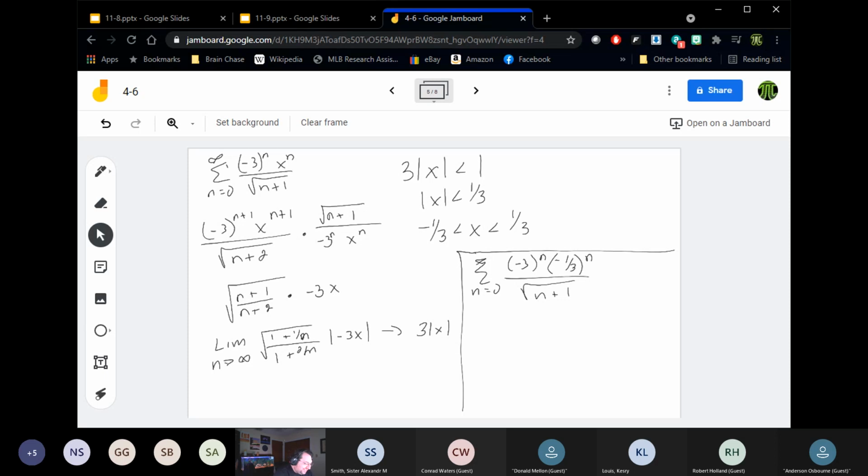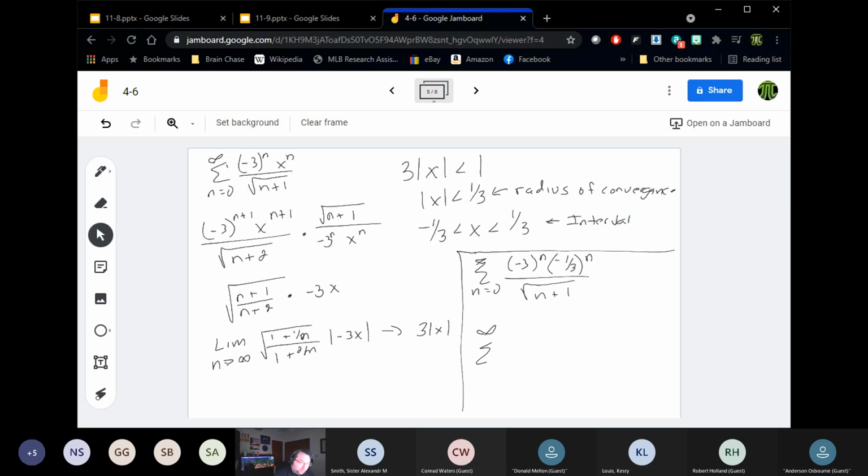All right. Are there any questions on where I got the 3 absolute value of x? All right. So with the ratio test, that means 3 absolute value of x has to be less than 1. So that means the absolute value of x has to be less than 1/3. So this right here, that's my radius of convergence. And that's my interval.